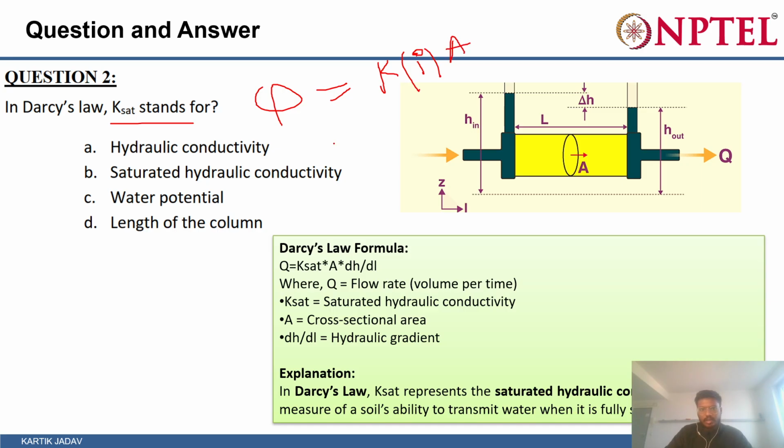Or you can say Darcy's velocity is proportional to hydraulic gradient. Then you introduce a proportionality constant, that is K times i. So this is your velocity component, and if you multiply this by area, then you will get the discharge.